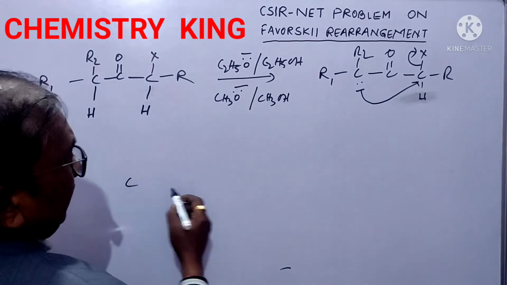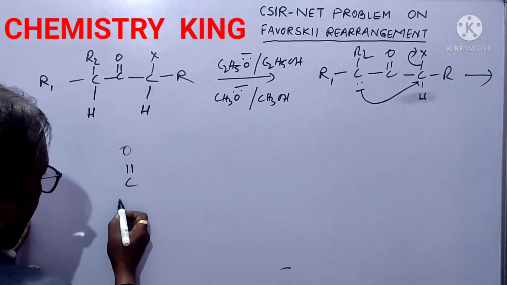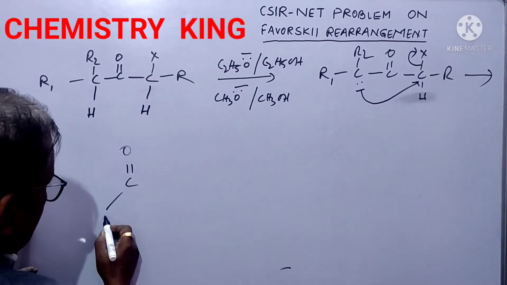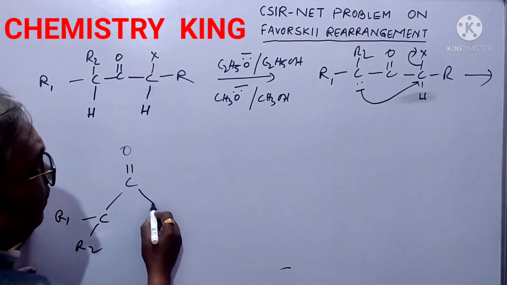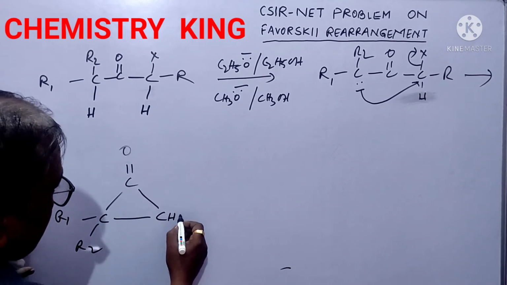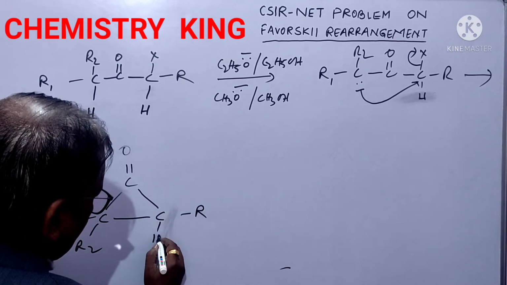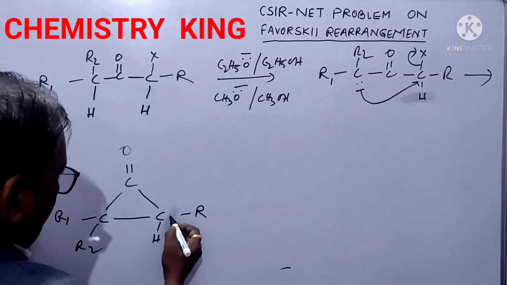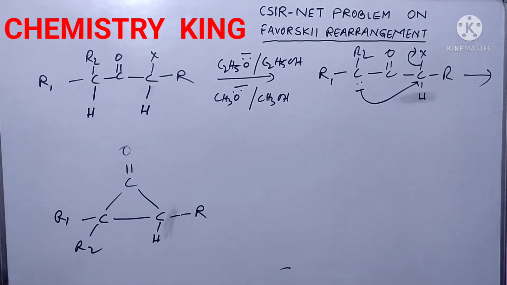So you will get C double bond O, C R1 R2, C H R, C H R. Okay. This is the situation. This is a 3-membered ring you get.